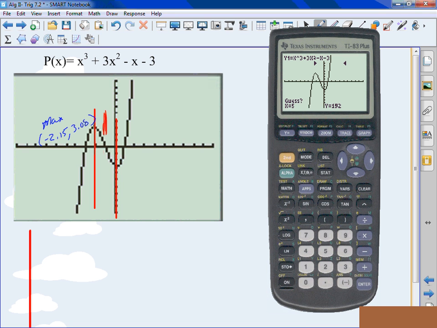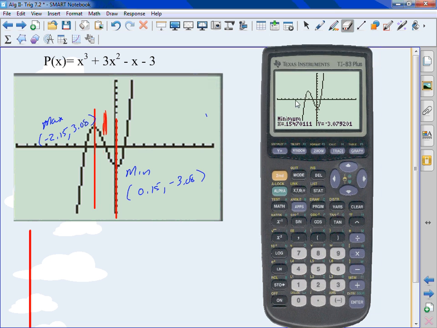My minimum's at 0.15 and negative 3.08. There's my max and there's my minimum. That's just a coincidence that the numbers are similar.